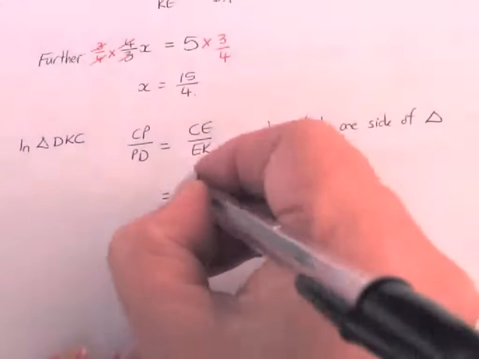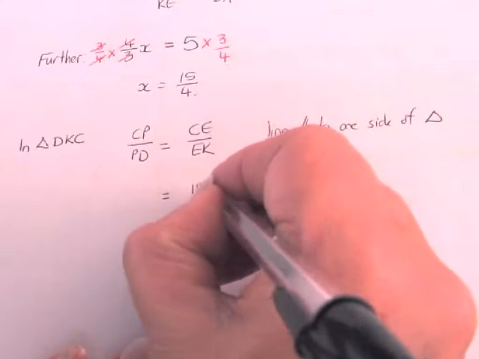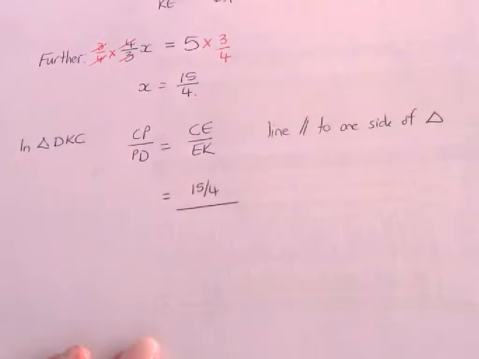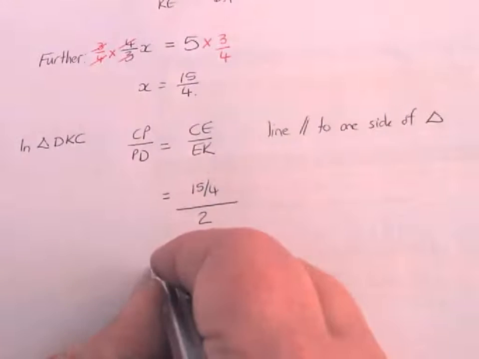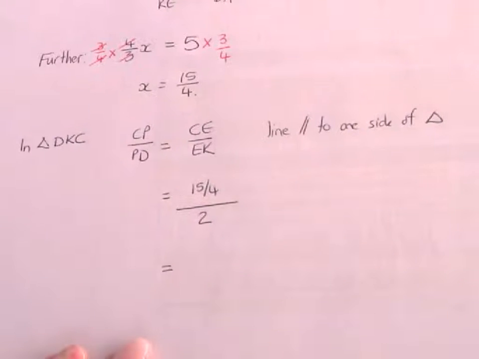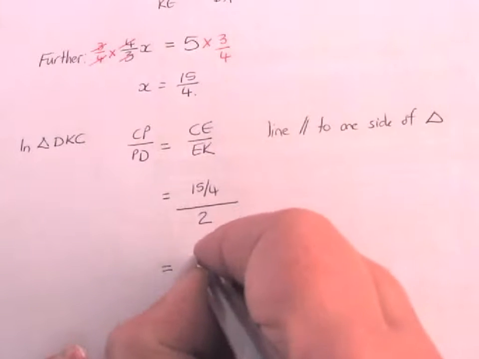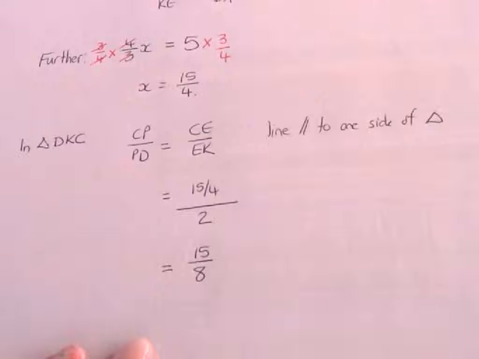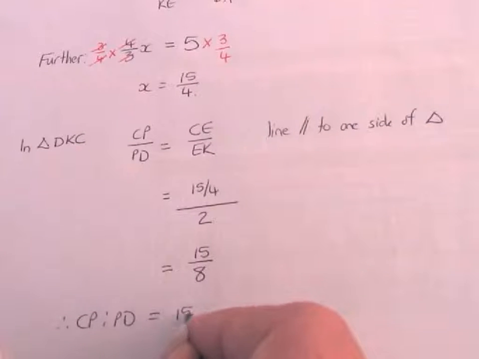So substitute that. 15 over 4 over EK is 2. And if you calculate that, you'll get 15 over 8. Now just write it as a proportion. Therefore, CP to PD will be 15 to 8.